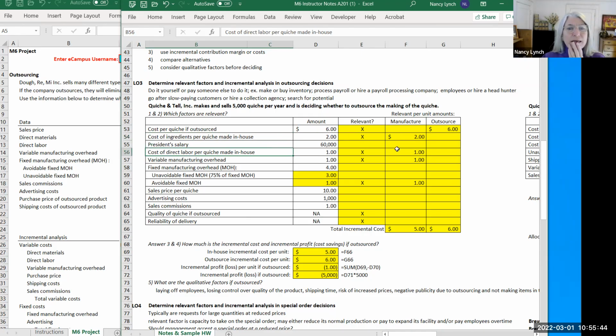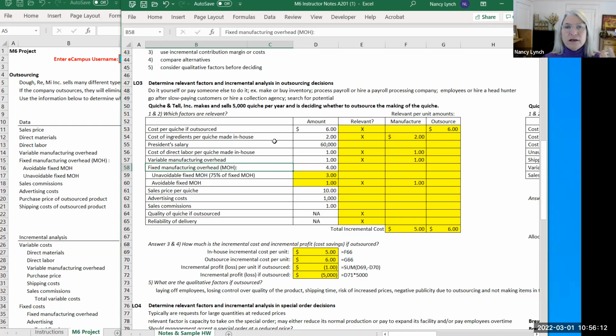The thing that won't be, though, that you have to be careful about, are these fixed costs that are not avoidable, i.e. will be there regardless of what you do. Like I gave that example of equipment. But if the situation was such that, if you outsource, you could sell a piece of equipment, then what would be relevant is the equipment's sales price, what you would make on it.